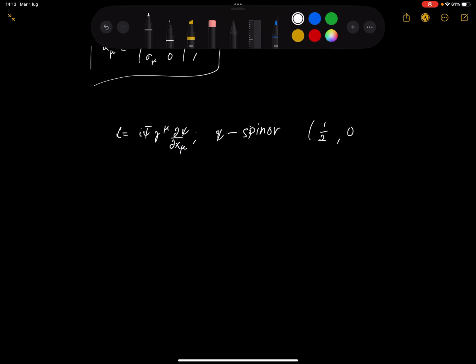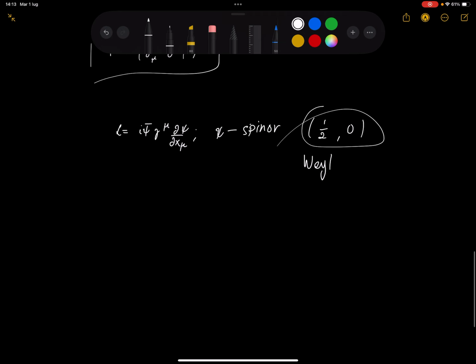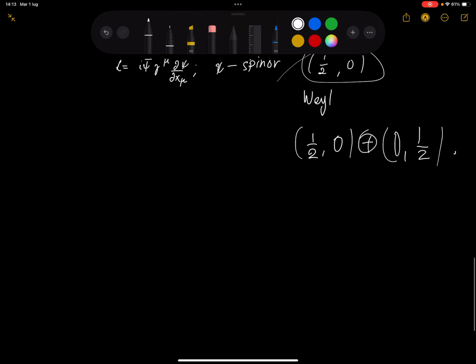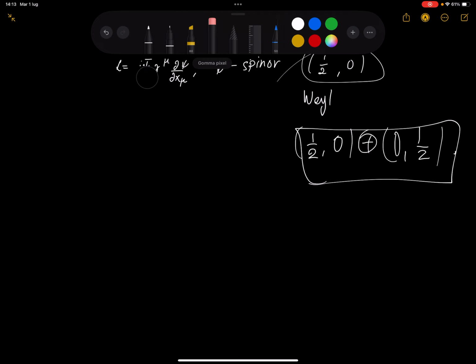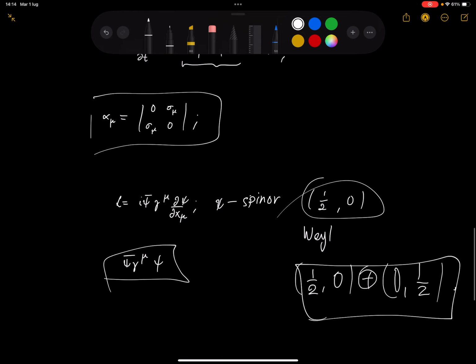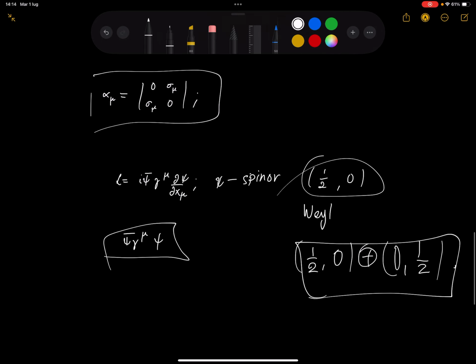One, for example, Weyl spinor is given by this form. So one has spins, like for example 1/2, 0, 0, 1/2, right? This is a Weyl spinor, and this is the conjugate, and this is basically the fermionic field, but whatever, right? The Dirac gamma matrix is used in our initial calculation, because that's what basically alpha is.